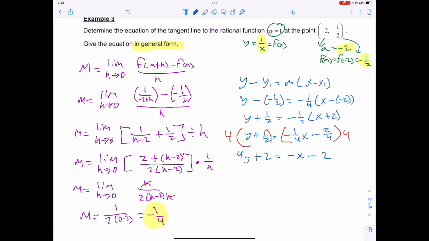Then I'm going to move this to the left-hand side because that x is negative. And I wind up with x plus 4y plus 4 is equal to 0. And there's my final answer.